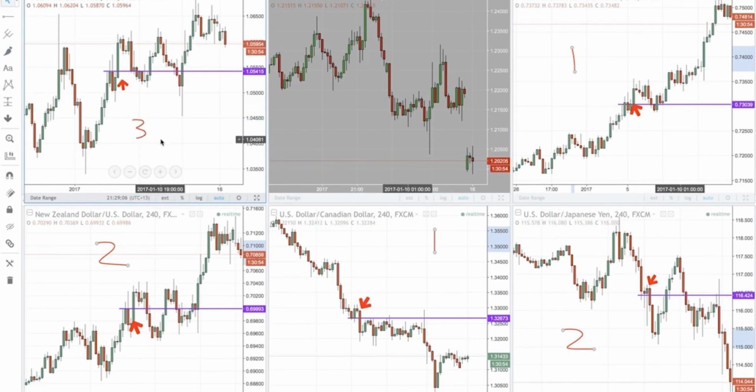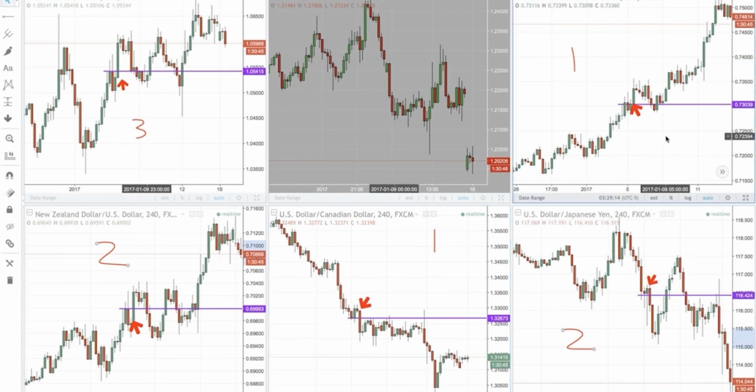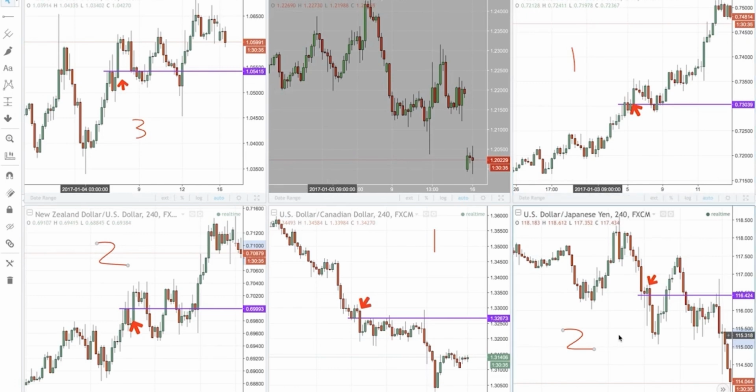Before we go into extracting all this information, we want to make sure the followers that we have, their groups do not interfere with us. Because what if Aussie dollar has some weakness also? We're in trouble. What if Japanese yen has some weakness also? We're in trouble. Remember, Japanese yen was weak across the board too when we did the last video.